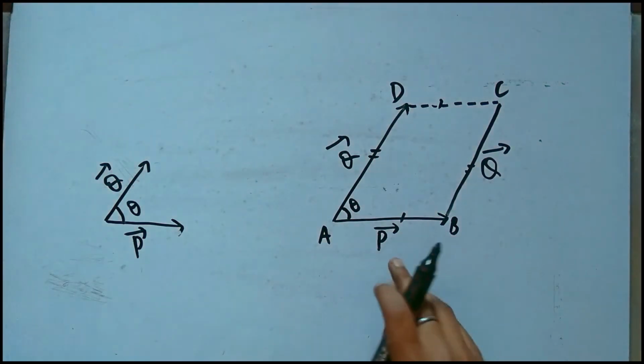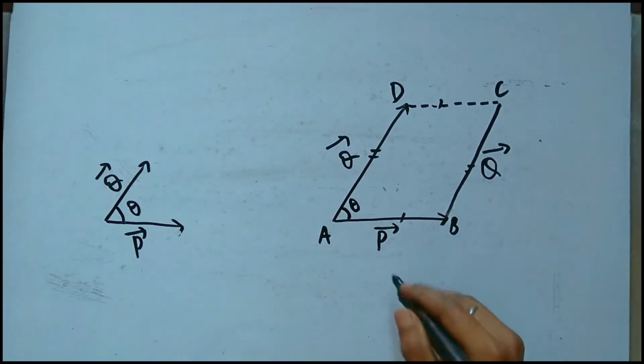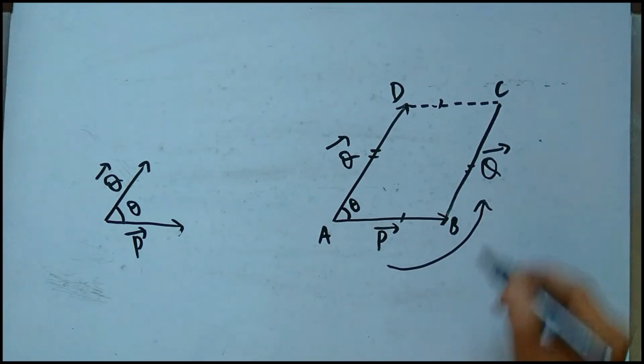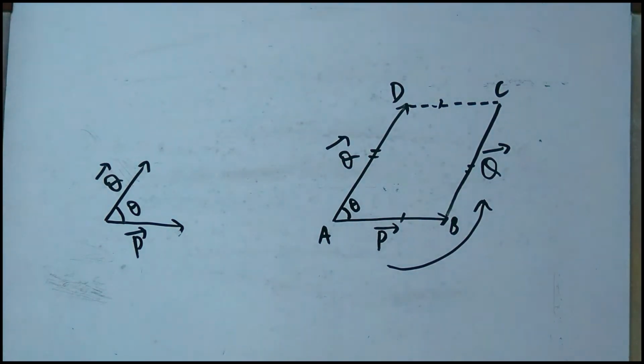Now we have taken vector P and Q by two sides of a parallelogram in same order being anti-clockwise. So this criteria has been followed.